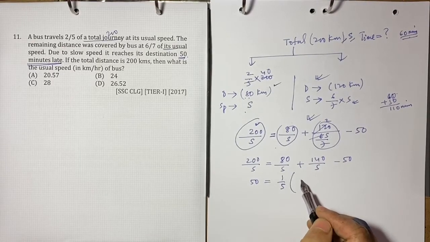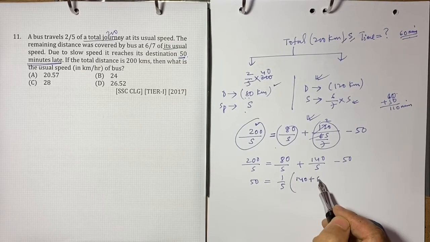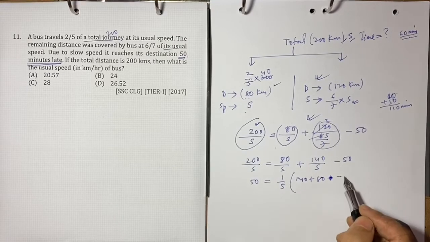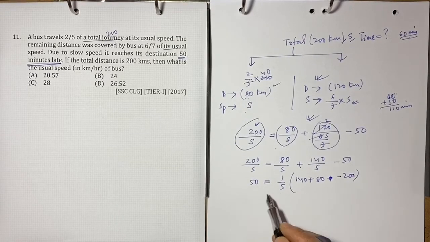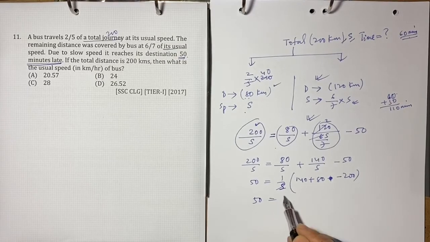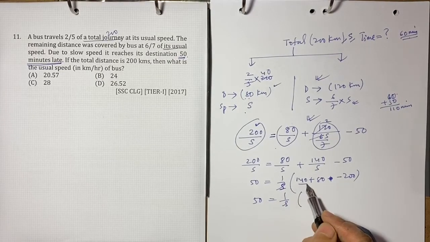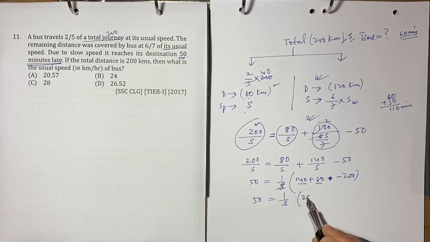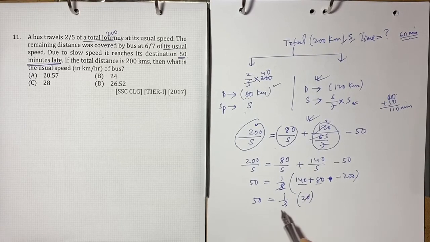I will get 140 plus 80 minus, solving it, 200. So 1 by s into this will be 220 minus 200. So this will be simply 20. So cancel it, I get this.